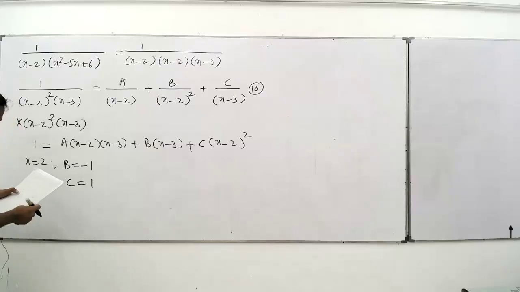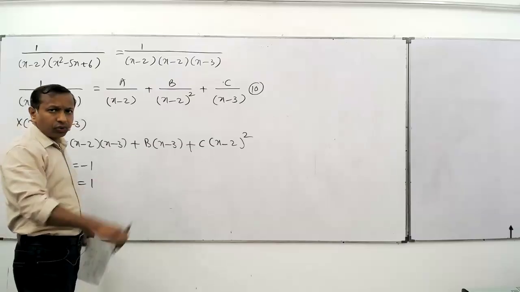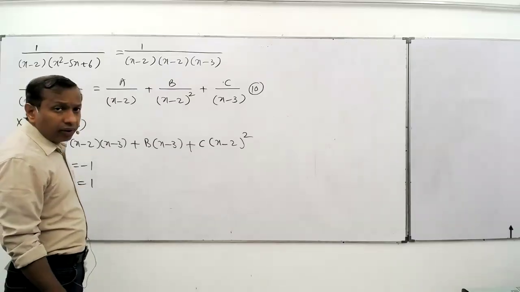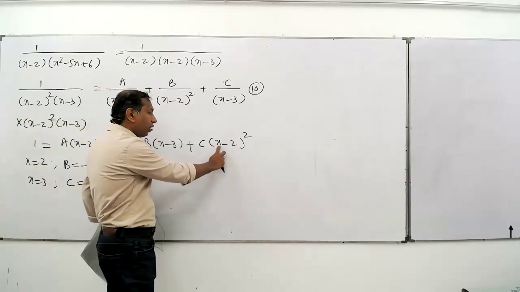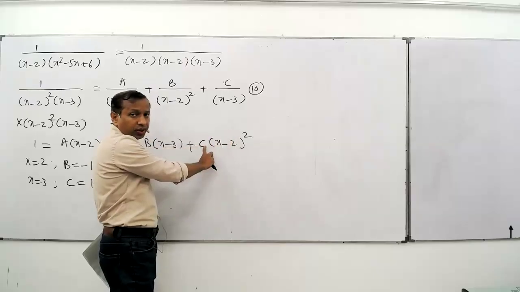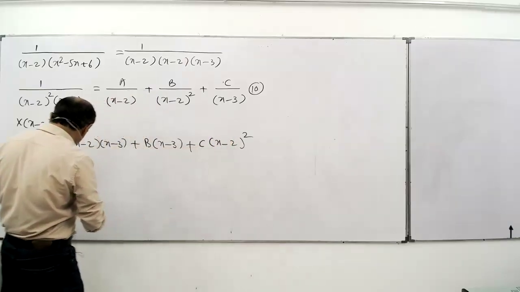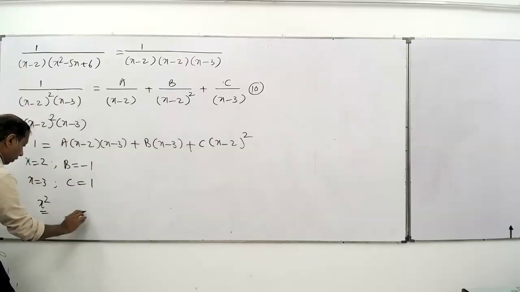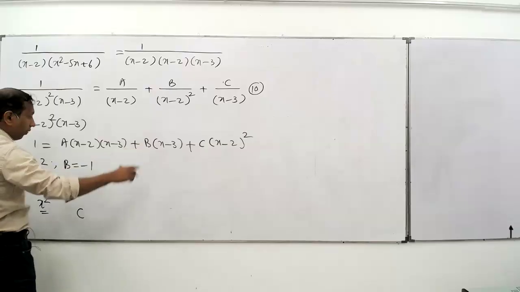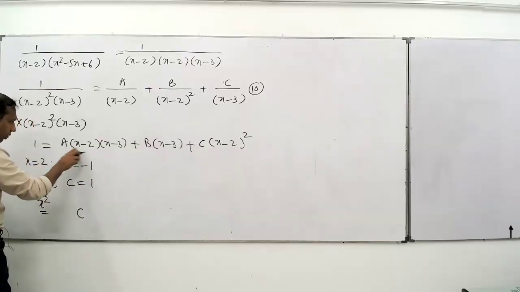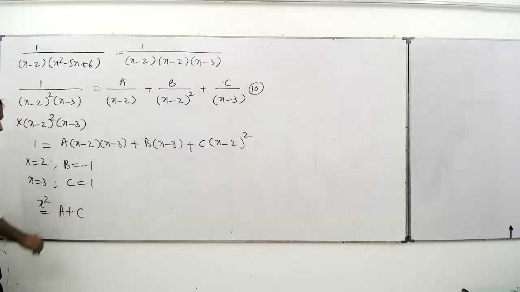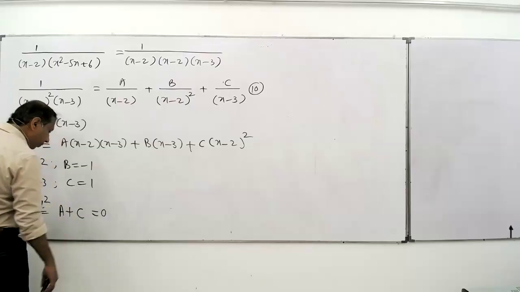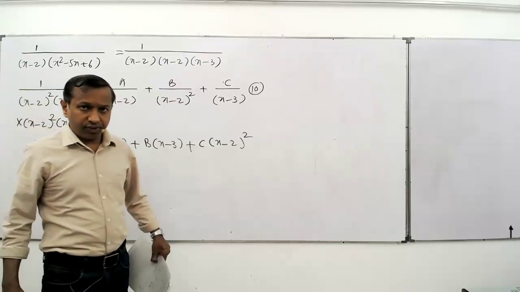And also, we can equate x squared coefficients, or put x equals 0. I think we'll equate x squared coefficients. When we remove this bracket, multiplying by C, we get C x squared, so the coefficient is C. Here x and x squared, multiplied by A, the coefficient is A. So the coefficient of x squared is A plus C. But on the left-hand side there is no x squared term, so the coefficient is 0.